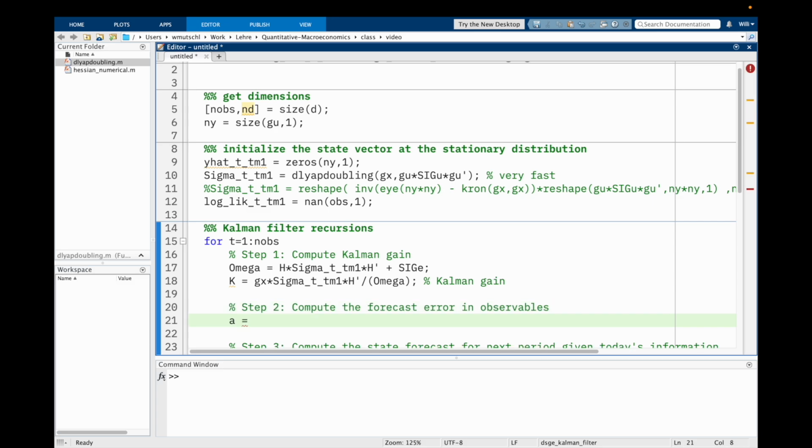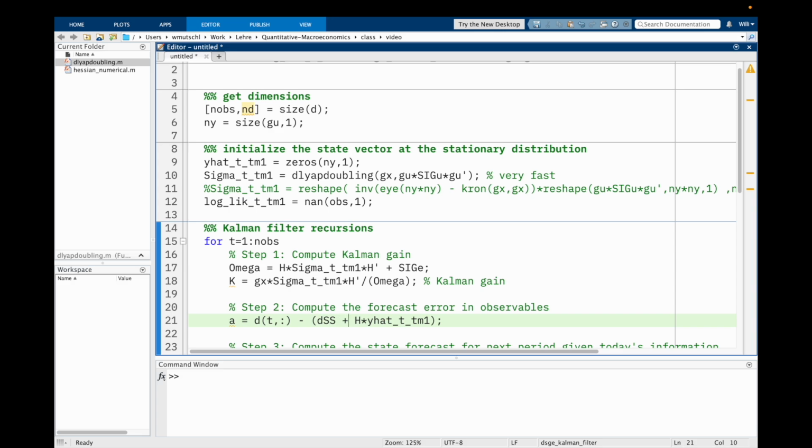We call that A. And here we needed to take dt. So this is in period t, all my observations. And if you have a look at the formula, we had the steady state of d plus h times y hat t given t minus 1.